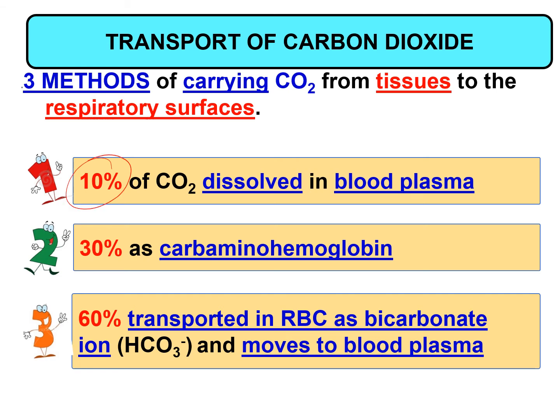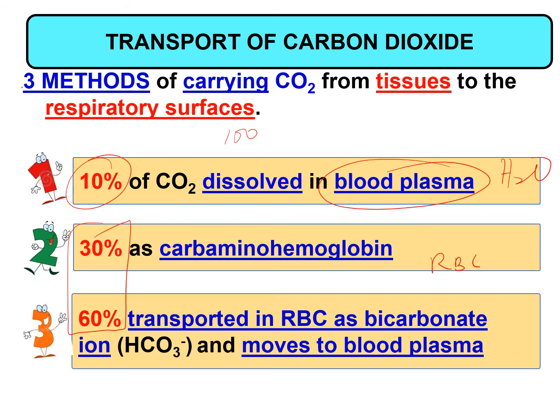10% of the carbon dioxide. Let's say we have 100 molecules of carbon dioxide. 10 of them will dissolve directly in the blood plasma because our blood plasma has water. Another 90% will enter the RBC.